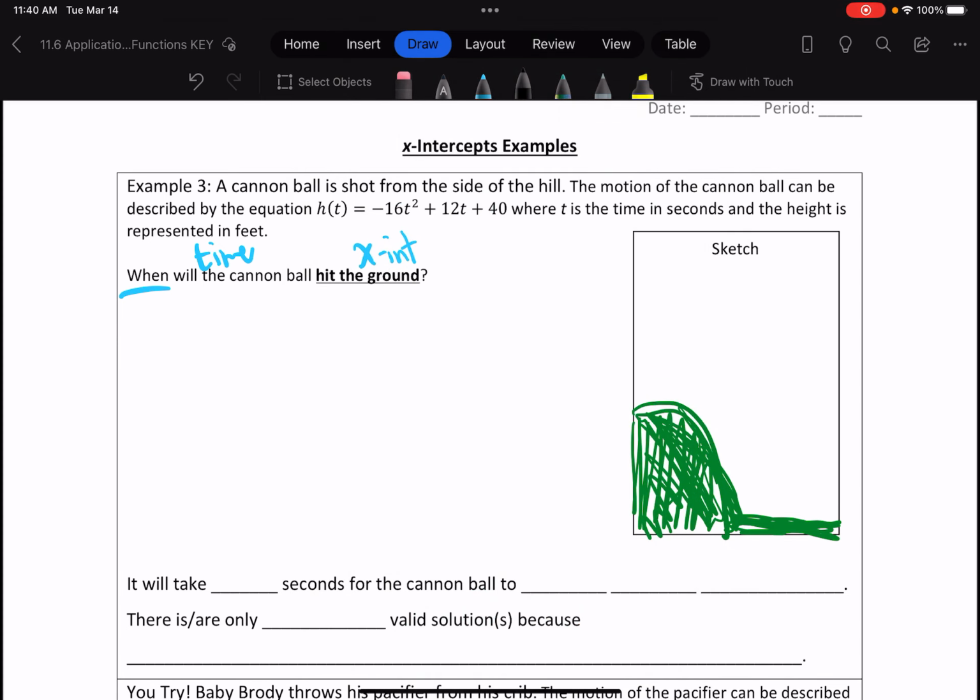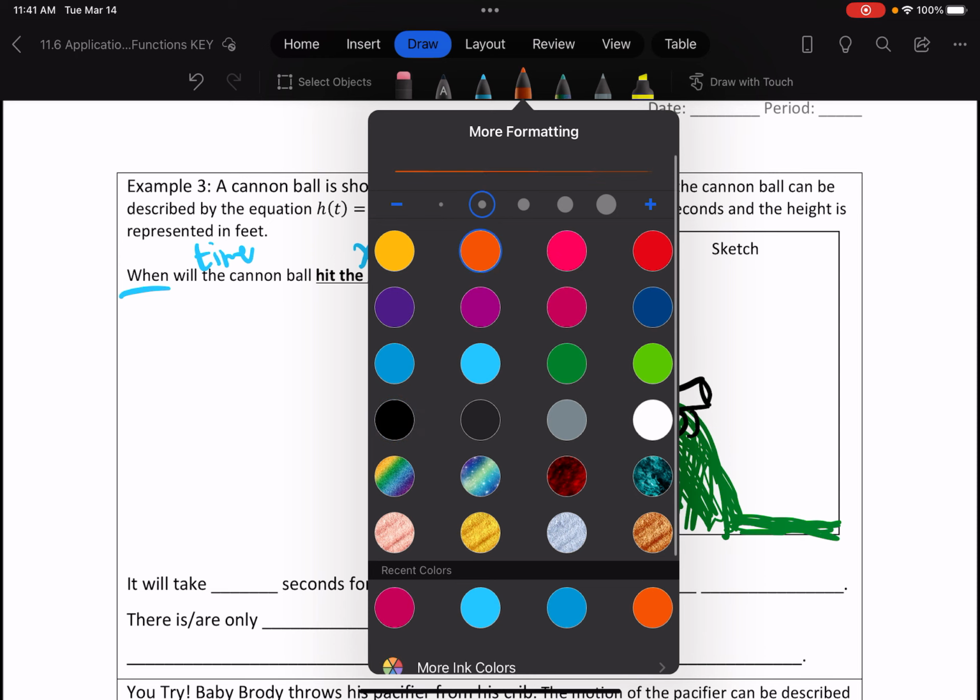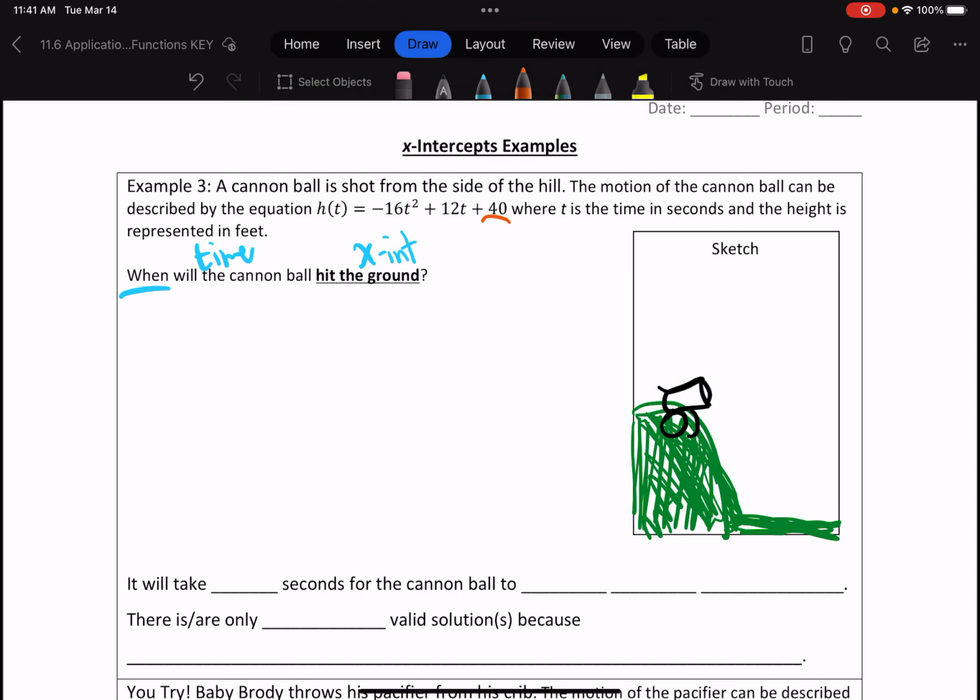So I know it's going to be shot from a cannon. There you go. That is as good of a cannon as I can draw. And I know that it's got some sort of initial height, and we actually can look at that initial height being 40 feet. So I know that this is going to be 40 feet from ground level.